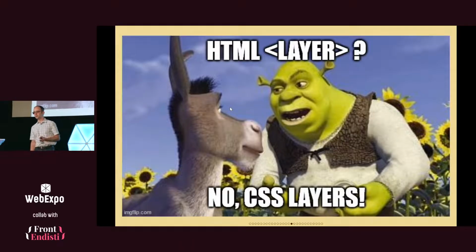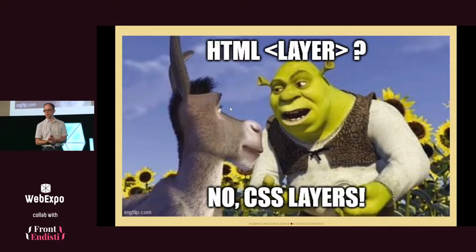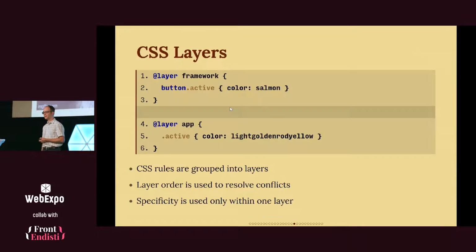But before, if you are old, like me, you might remember that we already had layers in web development, because back in 1997, Netscape Communicator 4.0 introduced the HTML layer tag, and that was a big hype. Fortunately for us, we're not going to tackle that. We're going to focus on something different. CSS layers are a new thing, not related to the HTML layer tag. Great, so let me show you how these CSS layers are to be used.